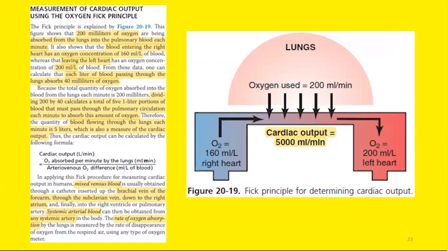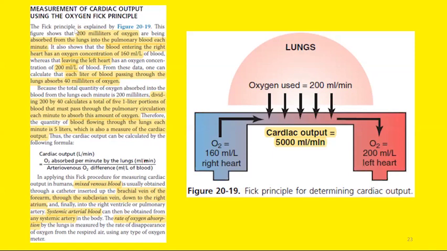So you have to remember the amount of oxygen absorbed by the lungs into the pulmonary circulation is 200 milliliters in 1 minute. And the oxygen in the blood entering the right heart is around 160. And the oxygenated blood leaving the left heart is 200. So 200 minus 160 will give you a difference of 40 milliliters.